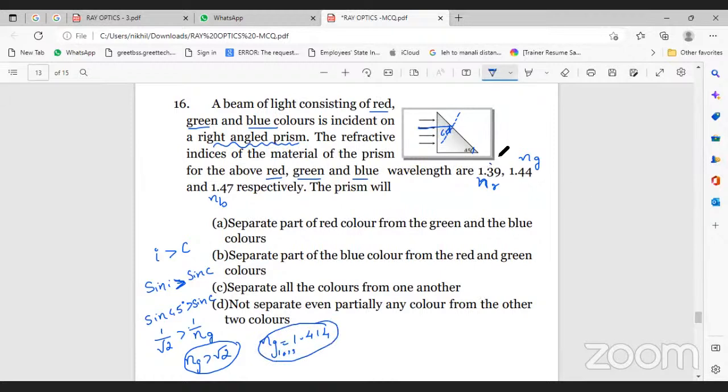Look at this. The refractive index of red is less than the refractive index of glass.